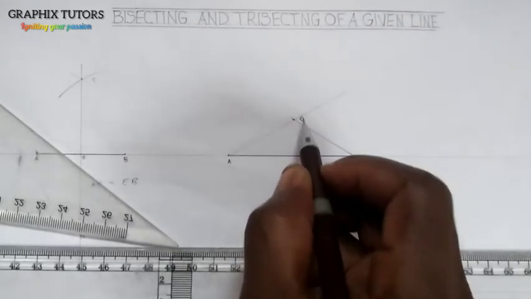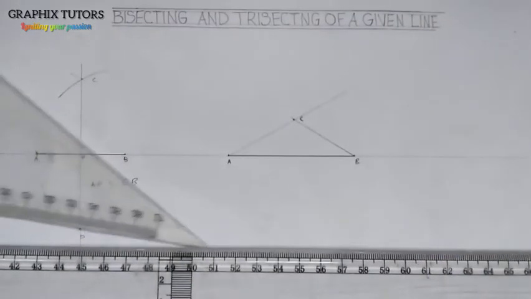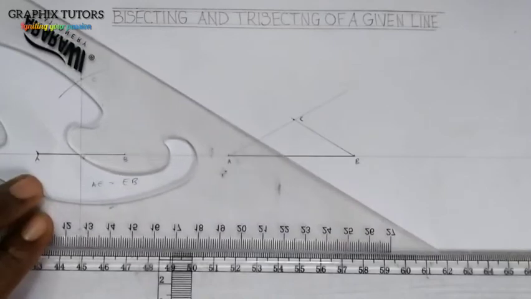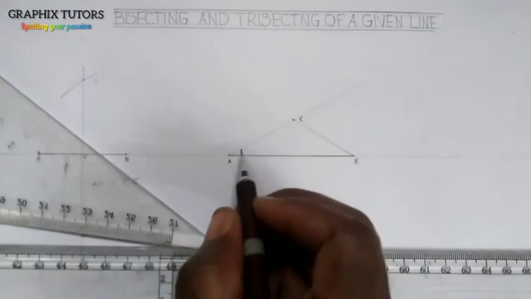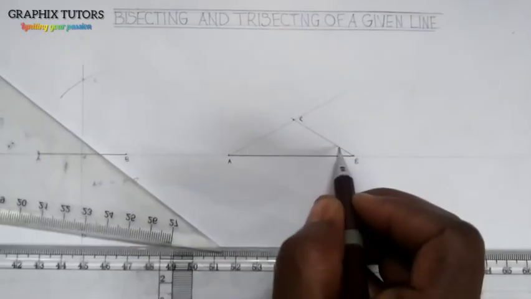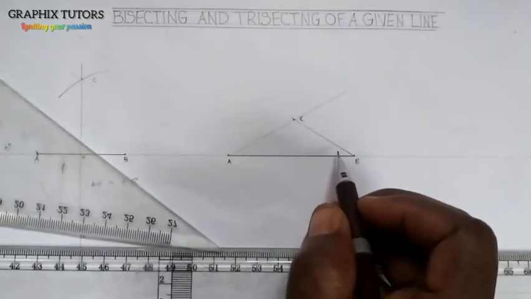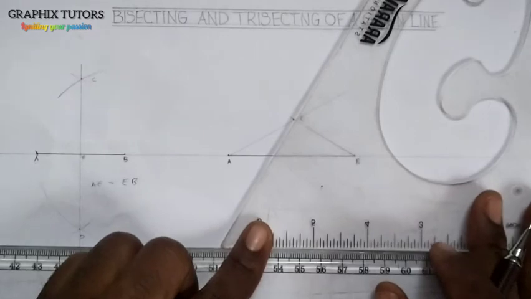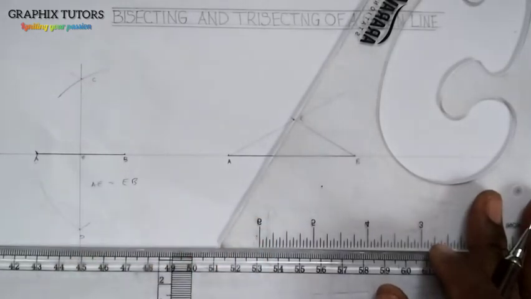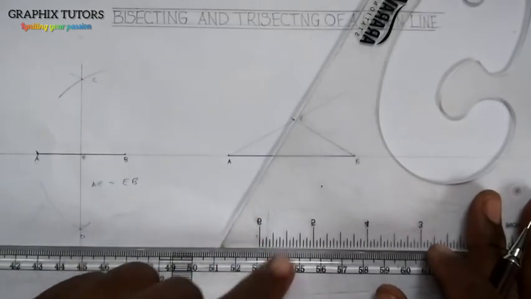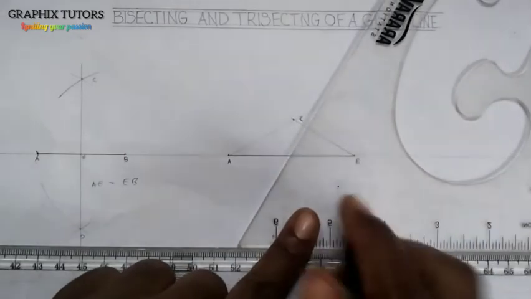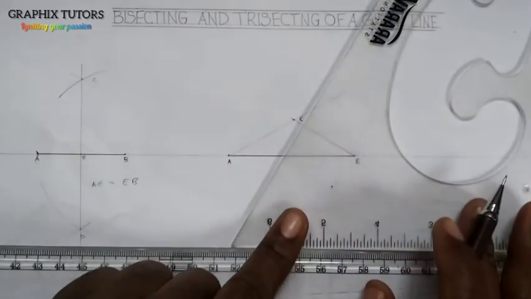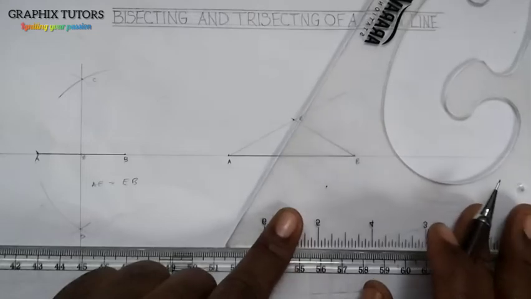Initially I was lying it down this way, so the angle between here and here is 30 degrees. Now I will stand it again, so it is now 60 degrees. That 60 degrees, I'll move it to the point C on my T-square, this way.